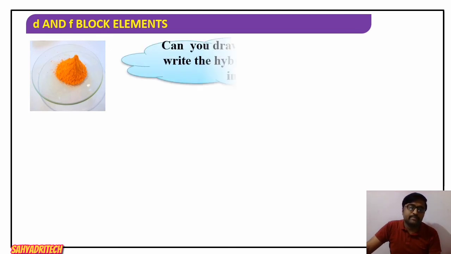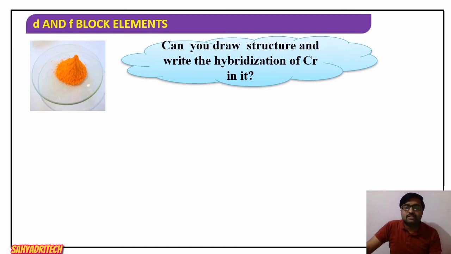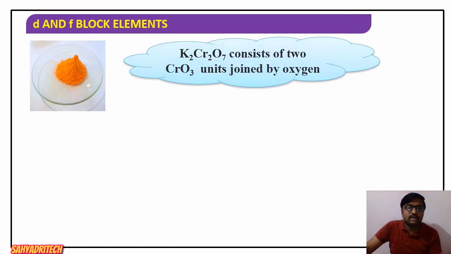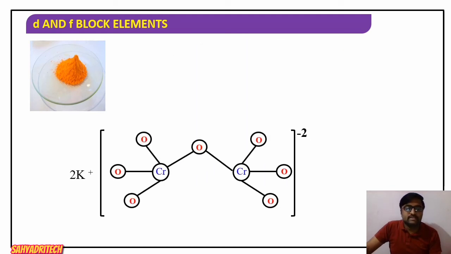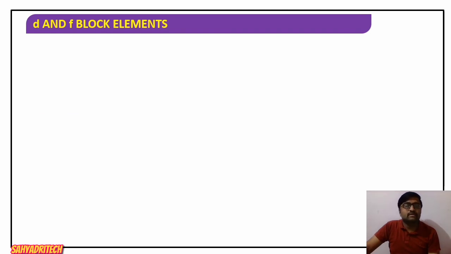Now if we consider the structure, we said already there will be two tetrahedral units going to share one corner with the chromium oxygen chromium bond angle 126 degree, chromium terminal oxygen bond length 163 picometer and chromium bridged oxygen bond length 179 picometer. So it is the structure for dichromate ion.